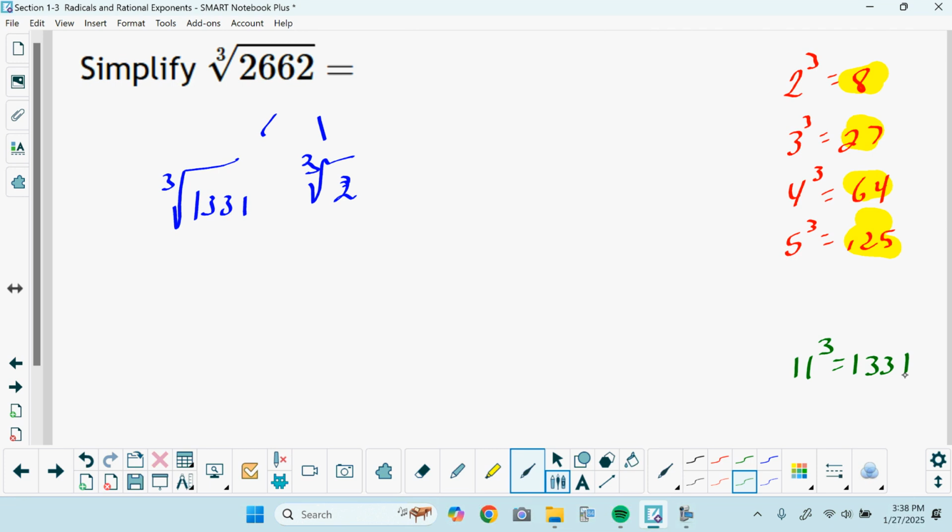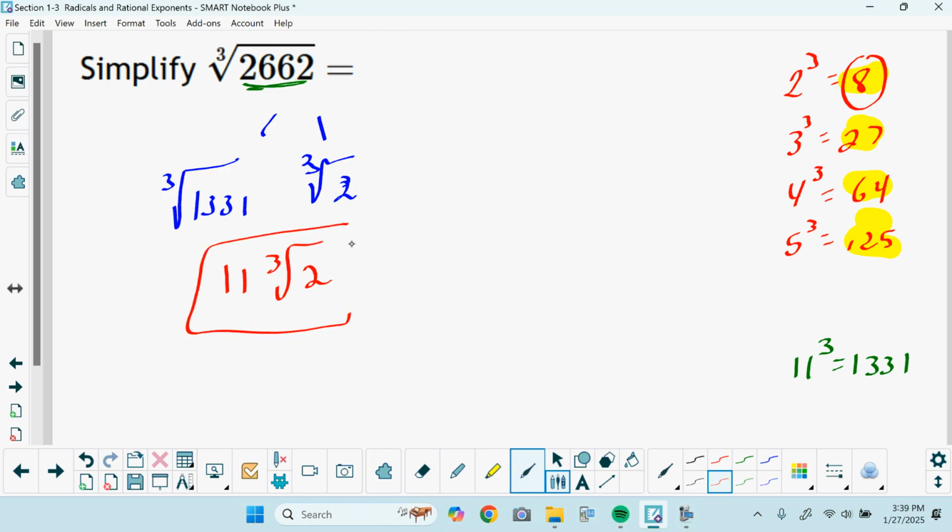So you need to create a list of perfect cubes all the way up to 11, 12, 13, because some of these numbers will be big, and you can't do those on a calculator. So this simplifies down into 11, and of course I've got a cube root of 2, and I'm starting out at 8, and 2 is below 8, so I am good. So that is how you simplify a cube root. One of its factors must be a perfect cube. So you want to continue this all the way up to 11.